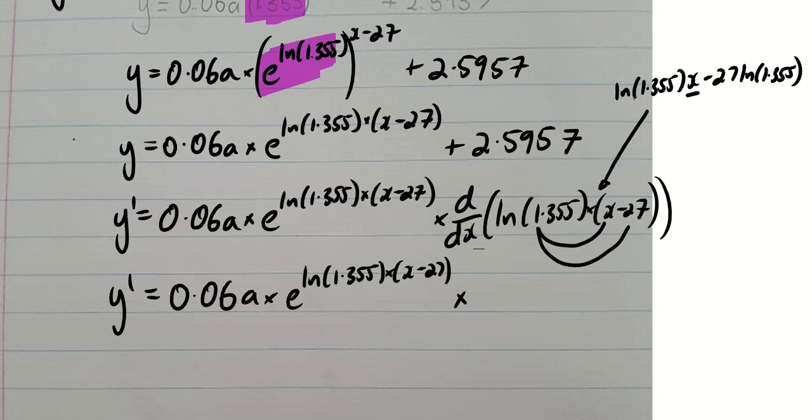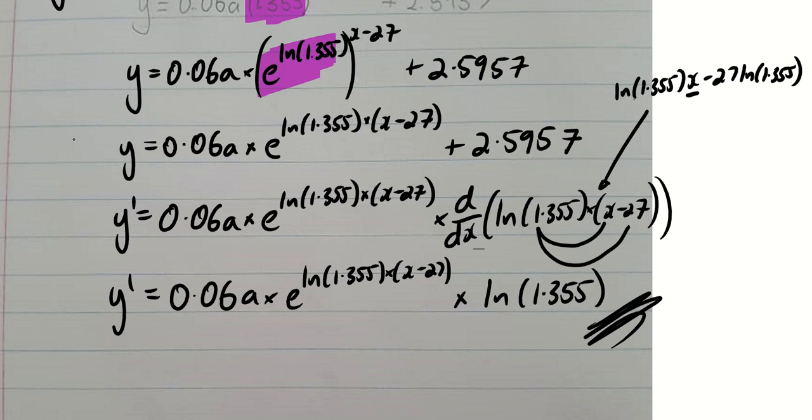If I differentiate x with a number out the front, the derivative is just that number. So I'm multiplying by natural log of 1.355, and then differentiating a constant is just 0, so I don't need to add anything there. And effectively, I've now differentiated that function.